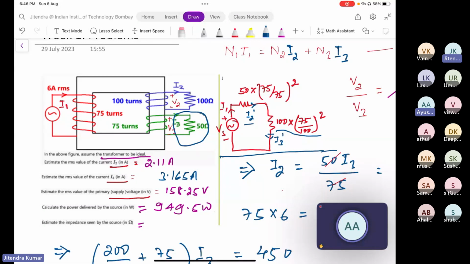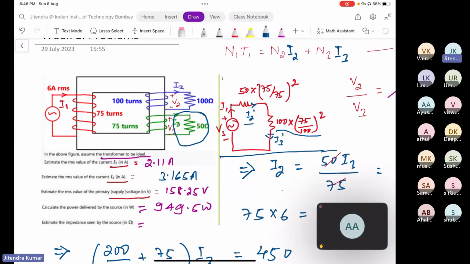First is I2 dash and second is I3 dash. And the summation of both will be the total current drawn from the supply by the primary winding. According to this concept, the total current drawn by the primary winding is equal to the extra current drawn due to the secondary winding and that of the tertiary winding.